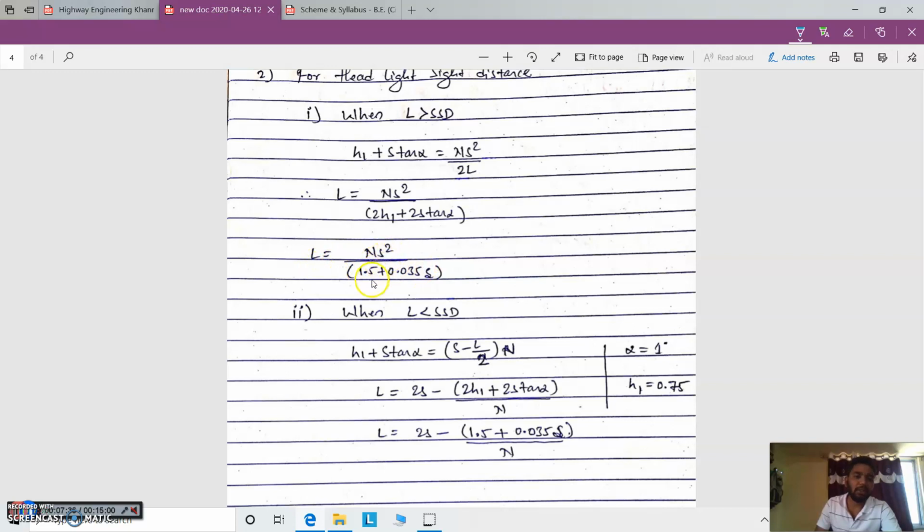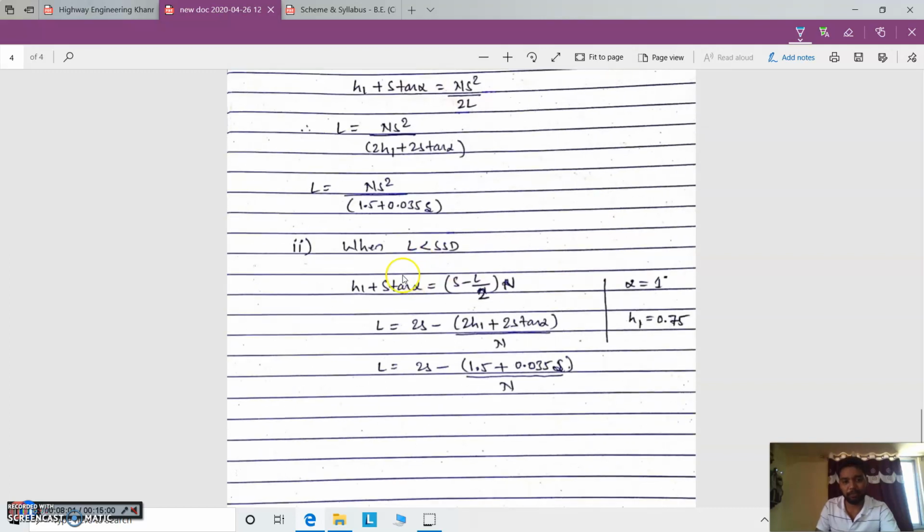Here, whenever you substitute the value of h1 as 0.75 and alpha, the headlight beam angle, as 1 degree, you will get N square S square by 1.5 plus 0.035 times S. S is the sight distance. Similarly, it is also considered for this case.